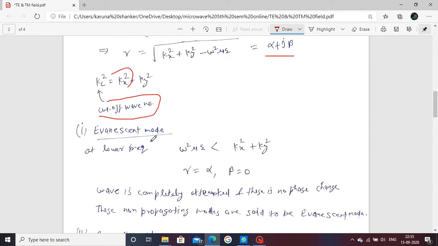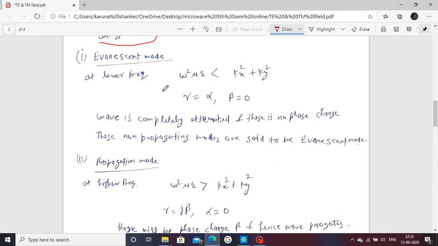Next, the evanescent mode. The evanescent mode occurs at lower frequency; it is not a propagating mode in the rectangular waveguide, meaning that at lower frequency the waveguide does not support propagation. Here kx square plus ky square must be greater than omega square mu epsilon.